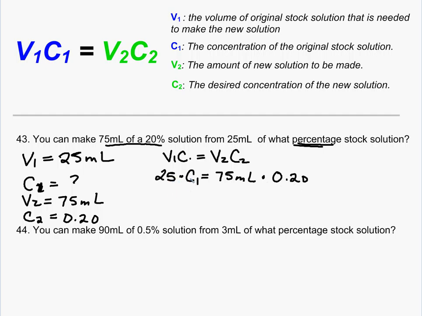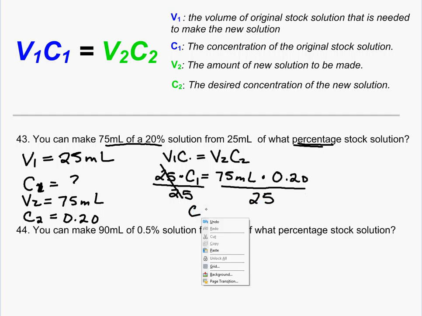This time we want to keep C1 on this side, but get rid of the volume of 25 milliliters. So we're going to divide by 25 on this side, which means we divide by 25 on this side, and our concentration becomes 0.6.